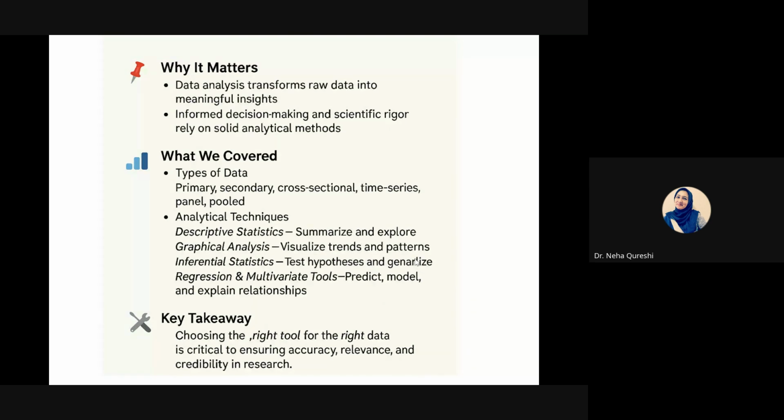Then what we have covered, just a recap: types of data, your primary, secondary, cross-sectional, time series, panel, pooled, and then different analytical techniques like descriptive statistics, graphical analysis, inferential statistics, then different parametric and non-parametric tests, and multivariate tools, just a brief about them. The key takeaway is that you have to choose the right tool for the right data, and it is very critical to ensure accuracy, relevance, and credibility in research.